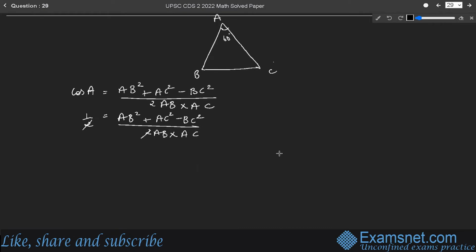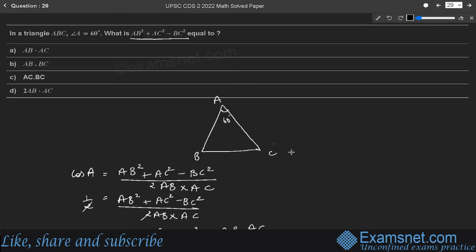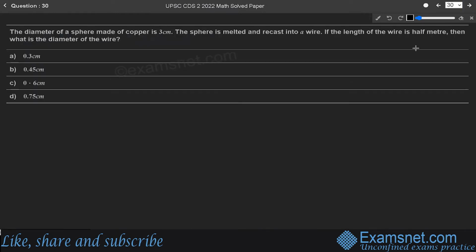So on further solving, AB square plus AC square minus BC square will be equal to AB into AC. This is the required value of the given term. So the correct option is option number A here. In this question, the main part was this cosine rule. If you know cosine rule, you can easily solve this question.